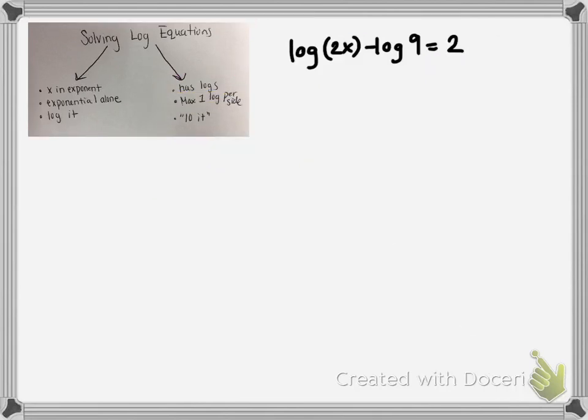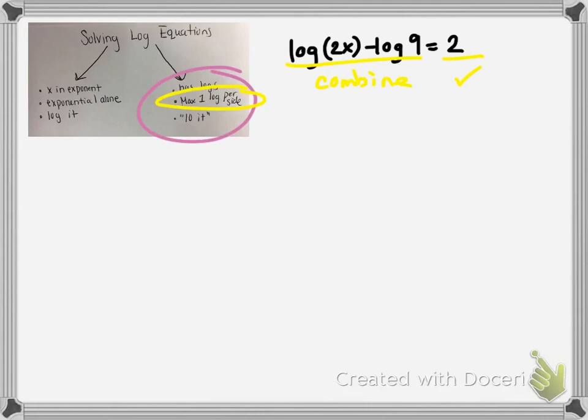Okay, and my last one. I look, I say, is the x in the exponent? No. Does it have logs? Yes. So again, we are on this side. There are more like this one. And I need a maximum of 1 log per side. Max 1 log per side. Well, I've got 2 here. Those are going to have to combine. I don't have a log over here. That's okay. It was maximum of 1 log per side.